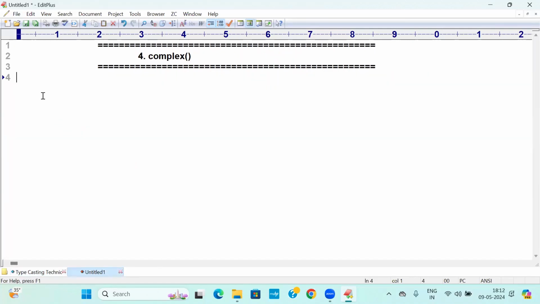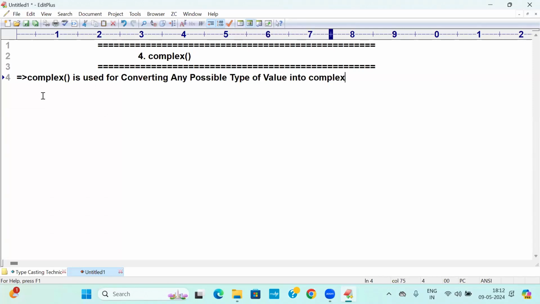So complex of is used for converting any possible type of value into a complex type value.